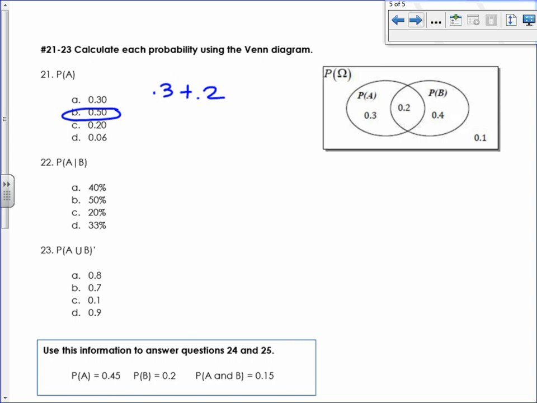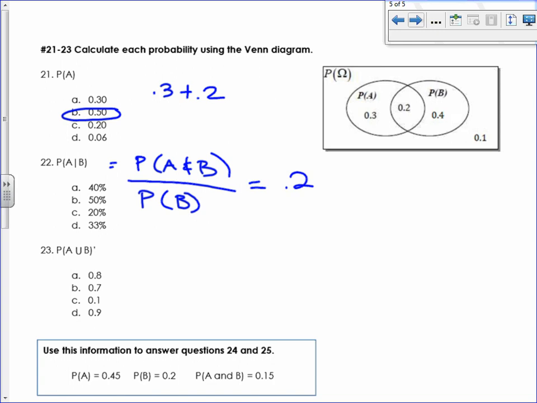Okay, quickly, 22, the probability of A given B is going to be the probability of A and B divided by what? What goes on the bottom? Probability of B. Okay, so what's A and B? 0.2.